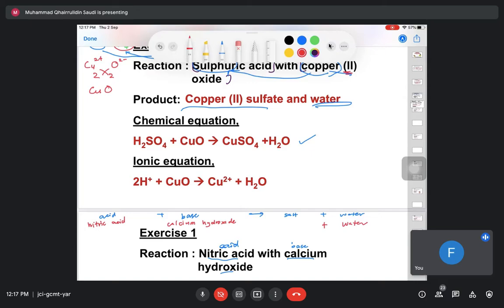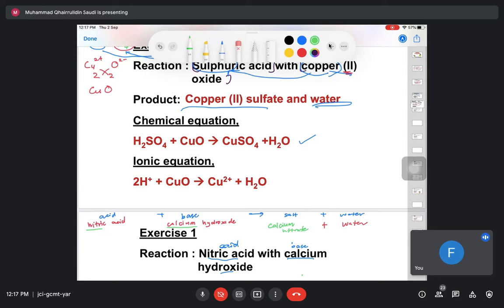Can you guess the name of the salt? Yes, calcium nitrate. Calcium nitrate. Okay, daripada situ saja kita boleh tahu.